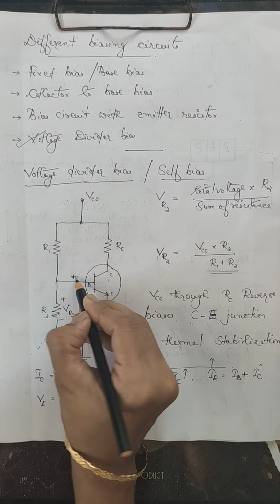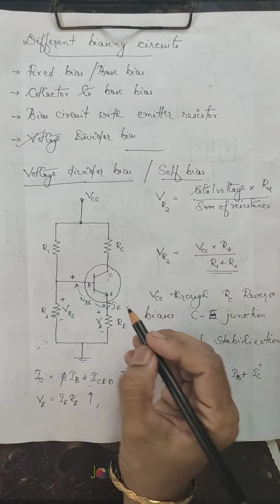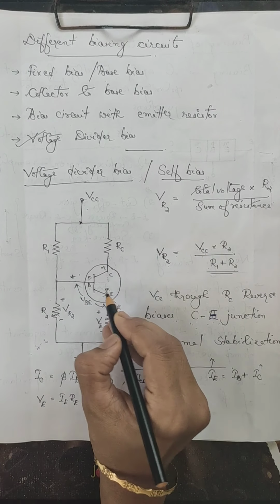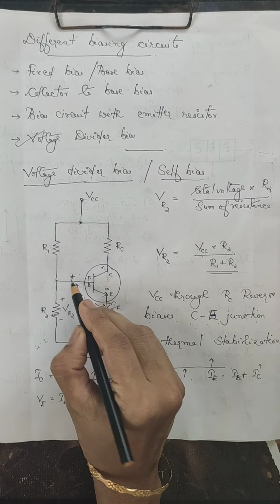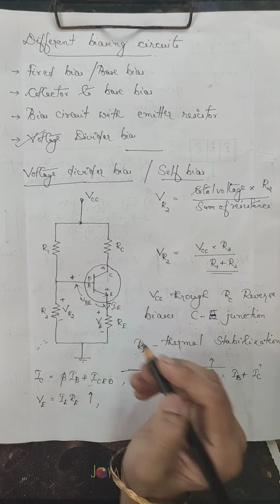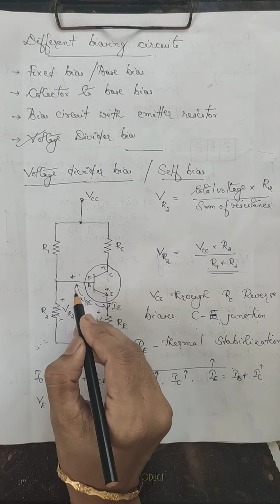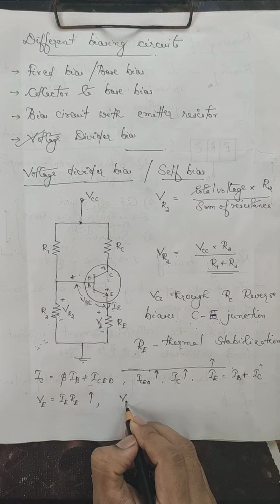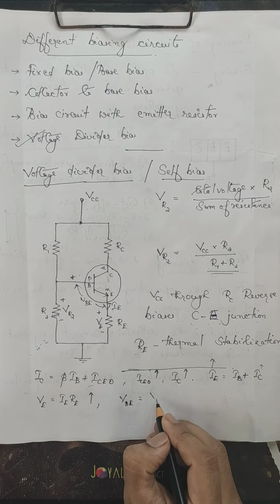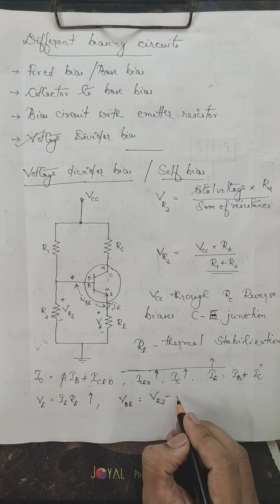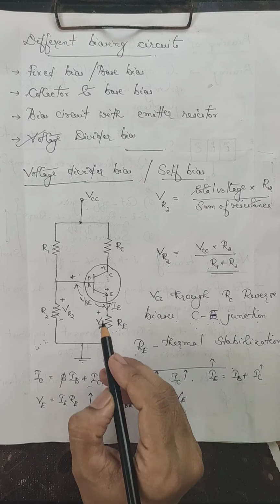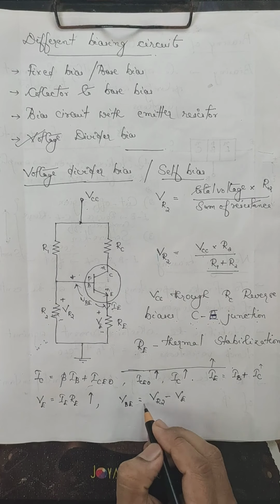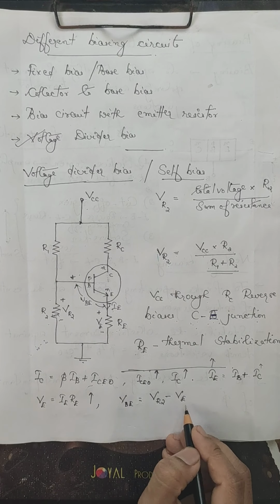It is plus here and minus here because this is an NPN transistor. In an NPN, positive is marked near the P layer and negative near the N layer. If we write the KVL equation for this loop, we get VBE equal to VR2 minus VE. You already know how to apply KVL, so try it by yourself. VBE equals VR2 minus VE.